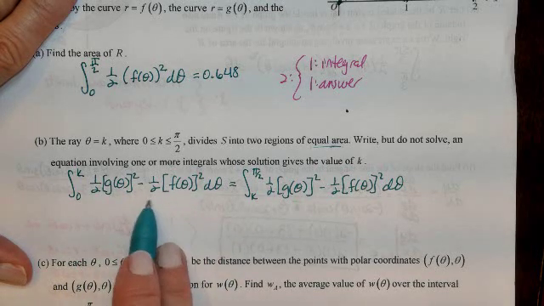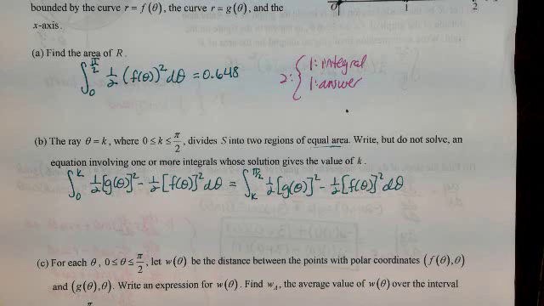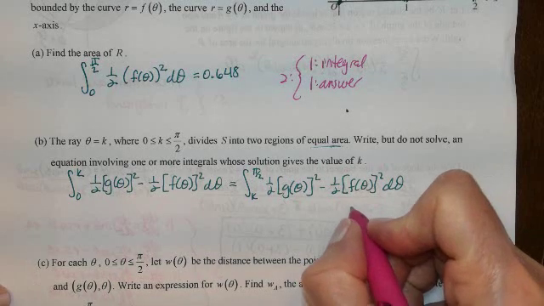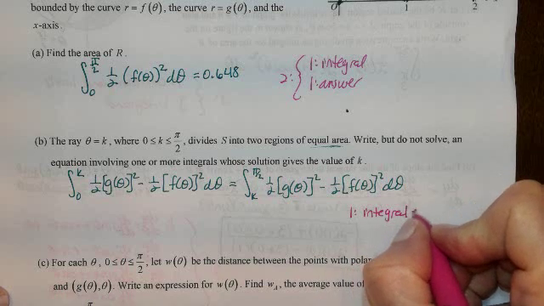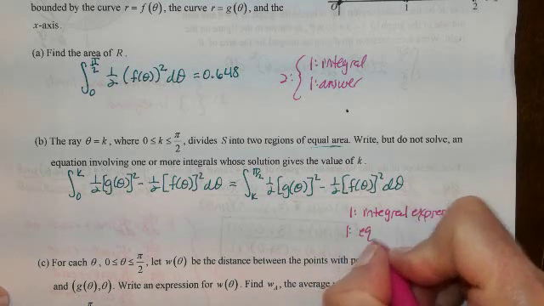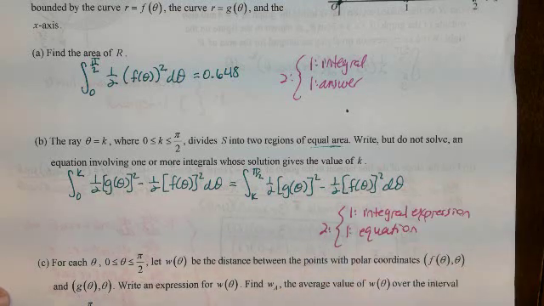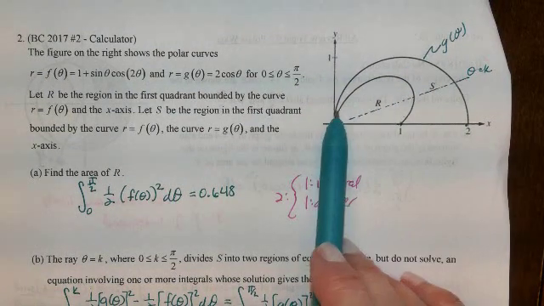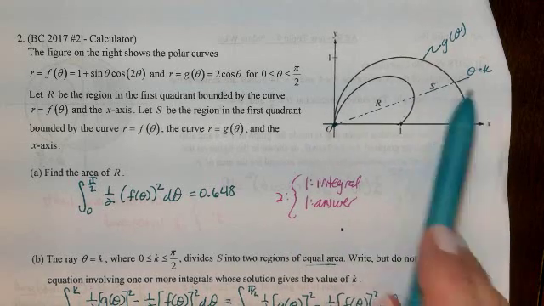This was worth 2 points, 1 point for the integral expression, and 1 point for an equation that will work. We could have also said from 0 to pi over 2 is equal to twice the integral from 0 to k, or something like that.